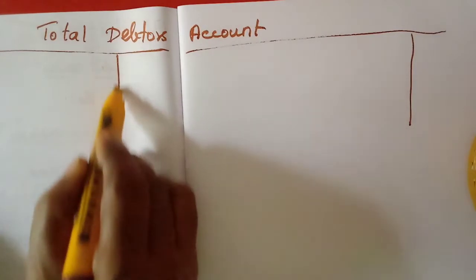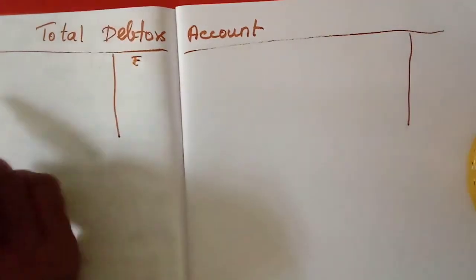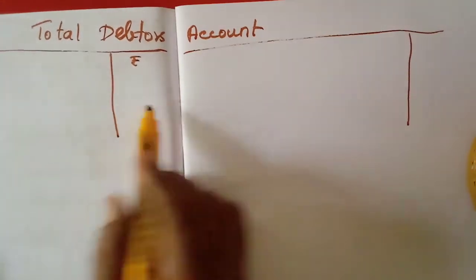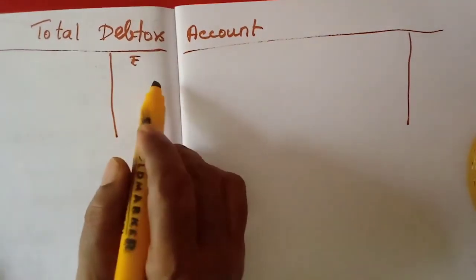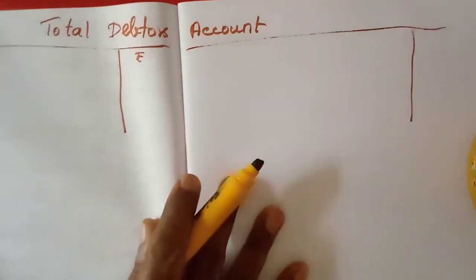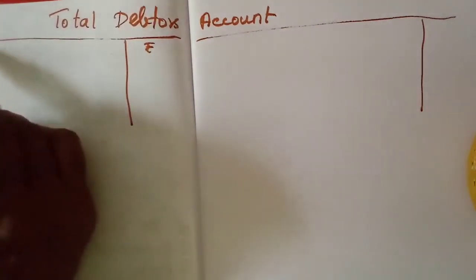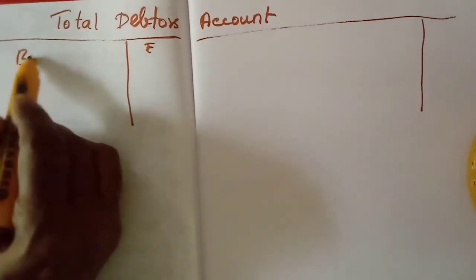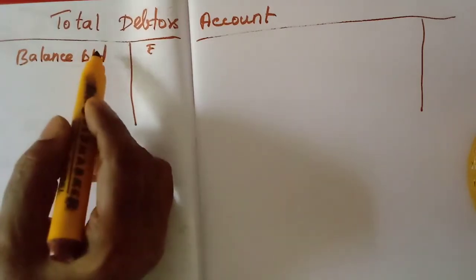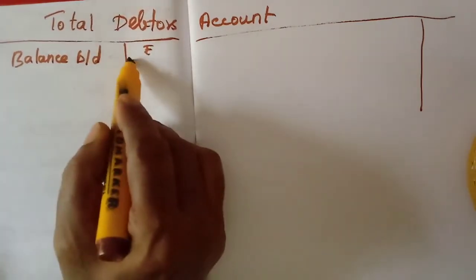Okay, amount rupees. Then we will write debtors account to balance brought down. That will be the first item. To balance brought down, 1 lakh.